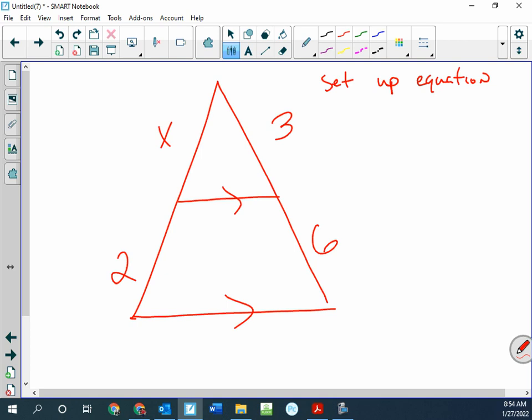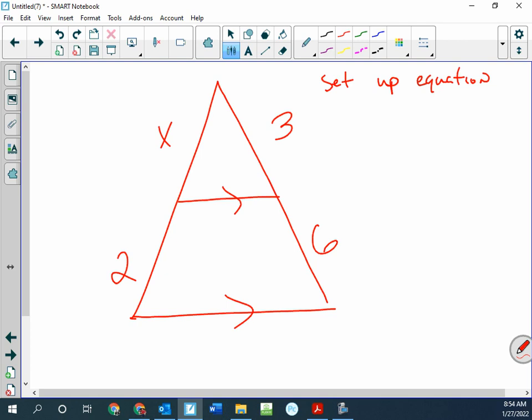I want you to set up a proportion that matches this. You just need to set it up.